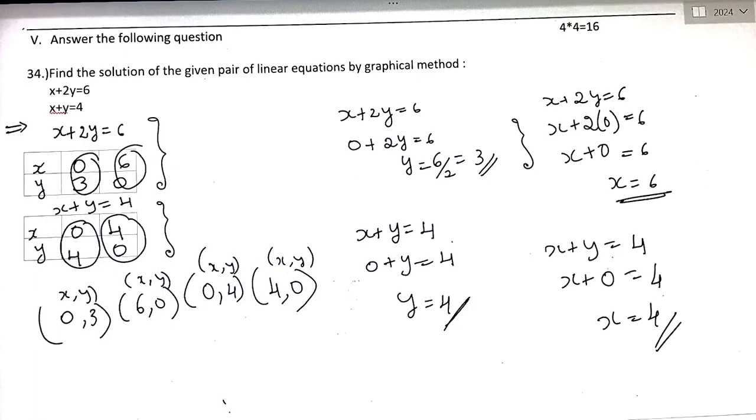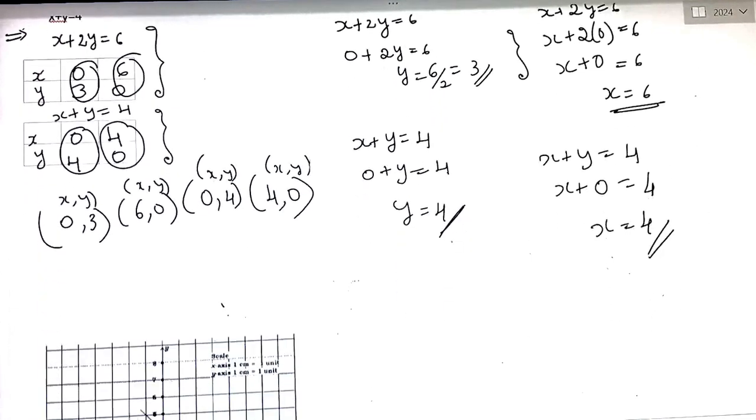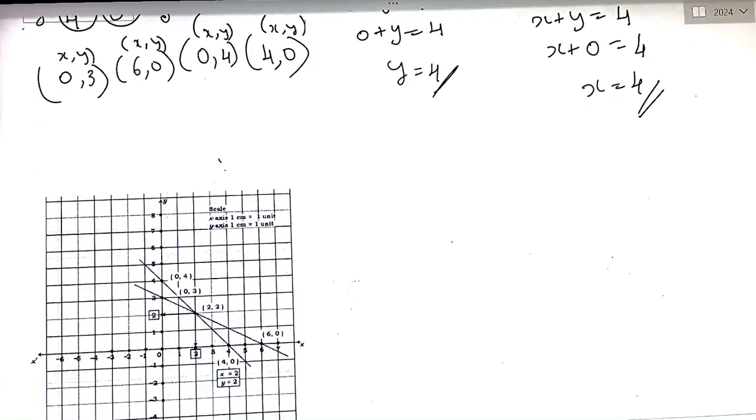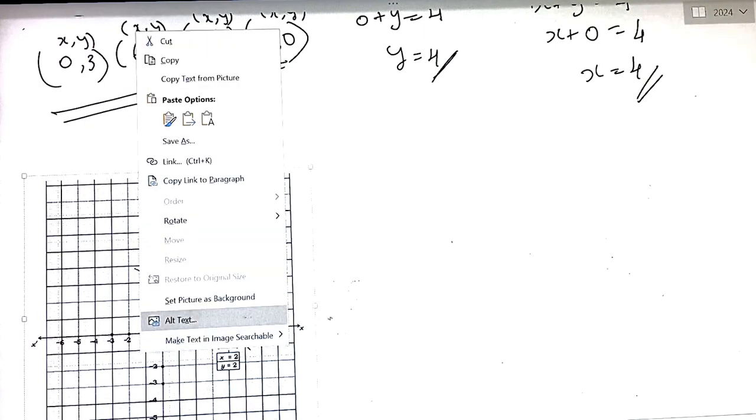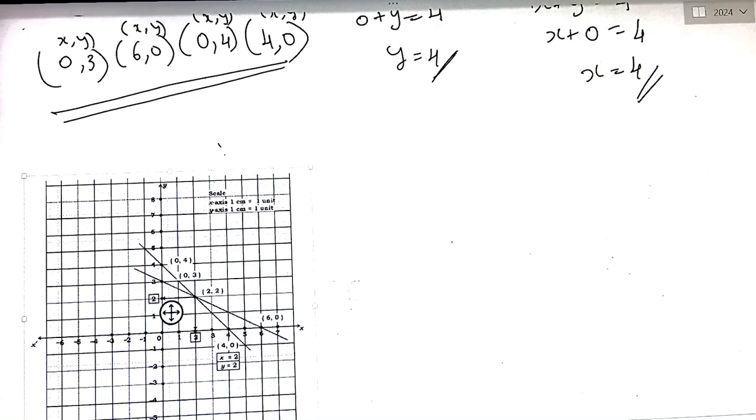Now you need to mark these points on the graph. So now we have 4 points. This is how the graphical representation looks. Here, the first point is 0, 3.